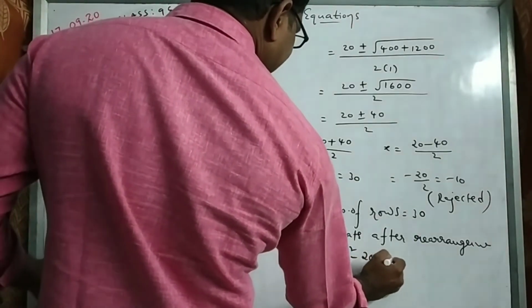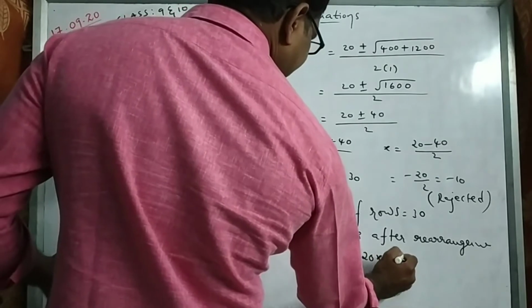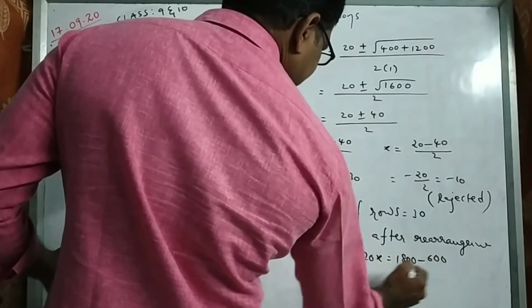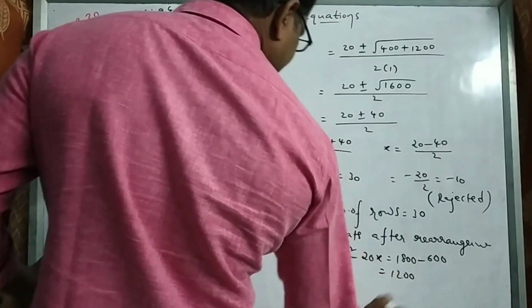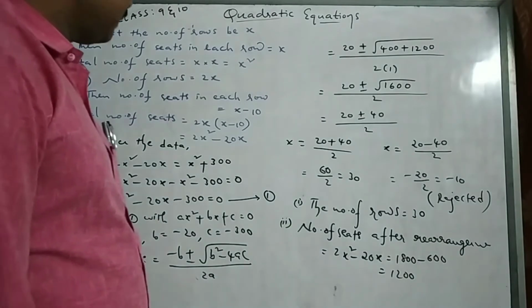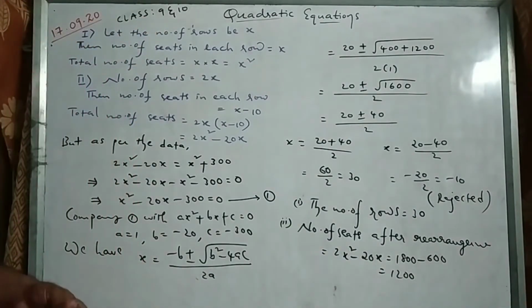I will take x value 30 here: 1800 minus 20 into 30, 600. So that will be 1200. So after rearrangement, how many seats are there? 1200. Okay? Hope it is clear. Thank you.